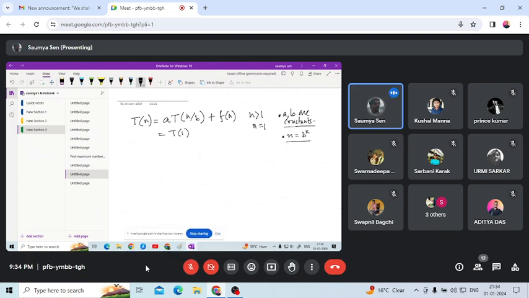Then we have to solve this recurrence to find out what T of n is in terms of either big O or big omega or big theta. Say, for example, if I give T of n equals 2T of n by 2 plus simple n.